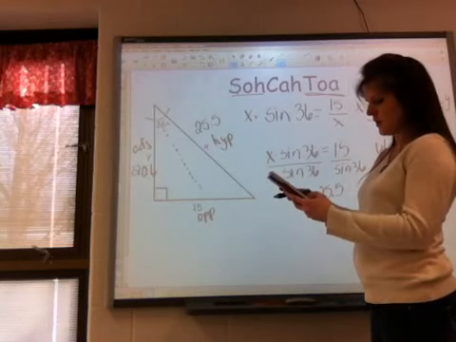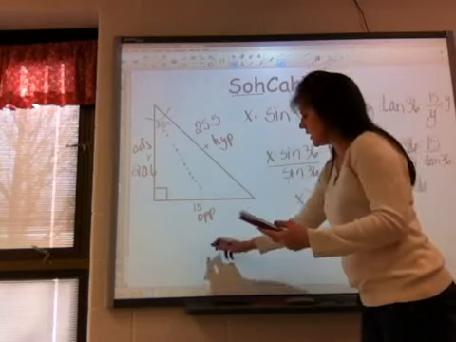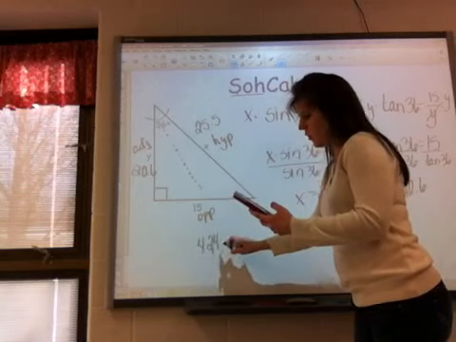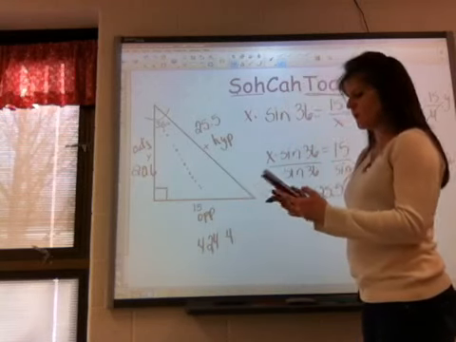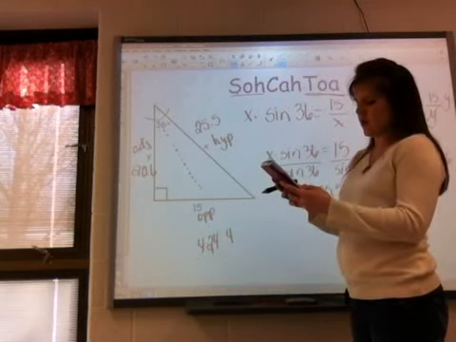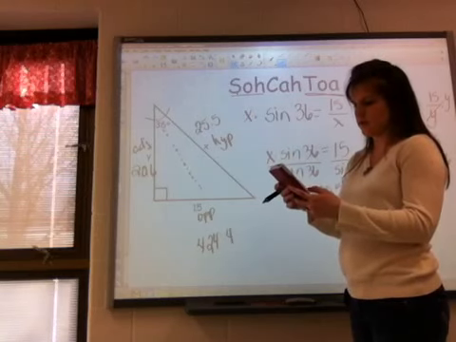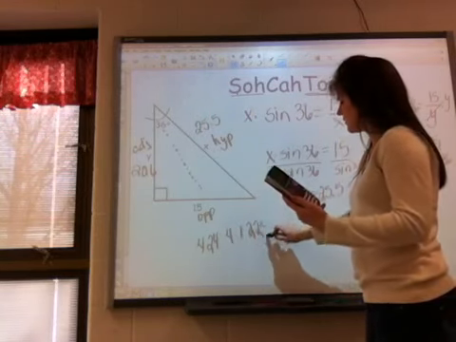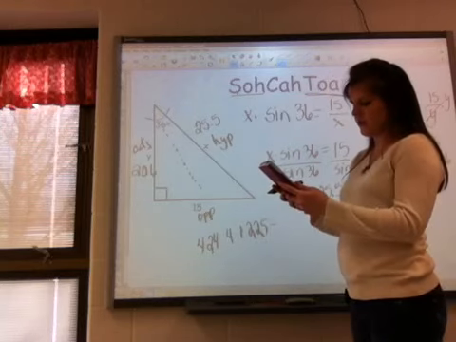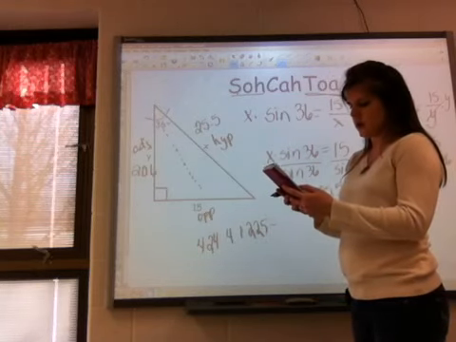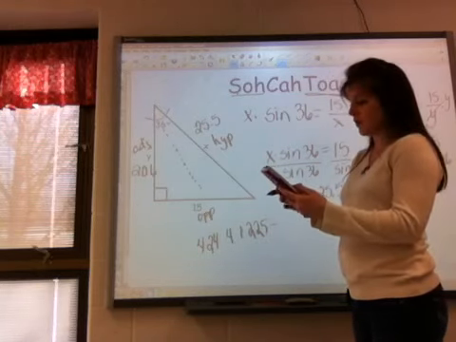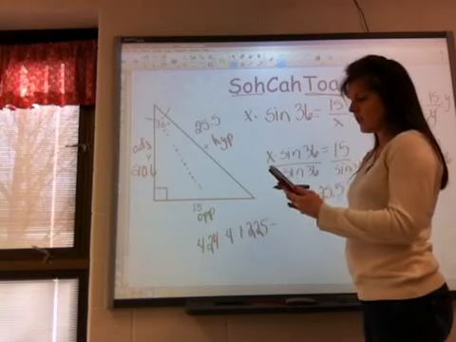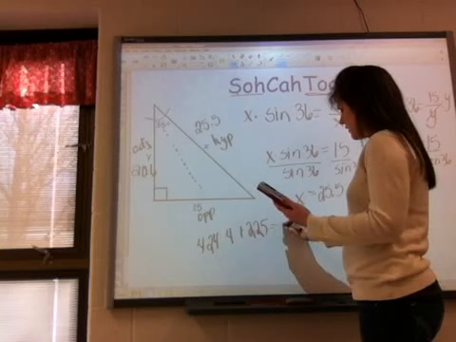So 20.6 squared is 424.36, so we'll say 424.4. 15 squared is 225, which equals 25.5 squared, which is 650.3.